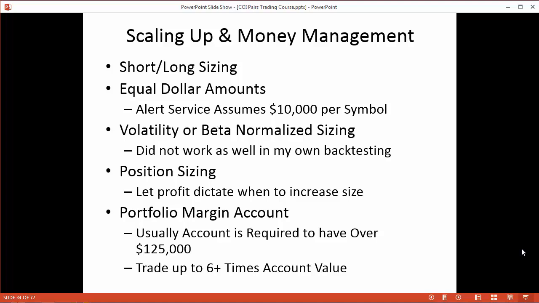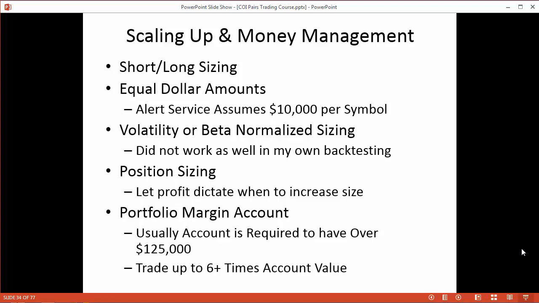In other words, in our alerting service, we assume $10,000 per symbol. So if we've got a pair, we would divide the price of those stocks into $10,000 to come up with the number of shares that we want to trade on each of those stocks. So equal dollar amounts on each of the two stocks in our pair tends to be the best method that I've found.